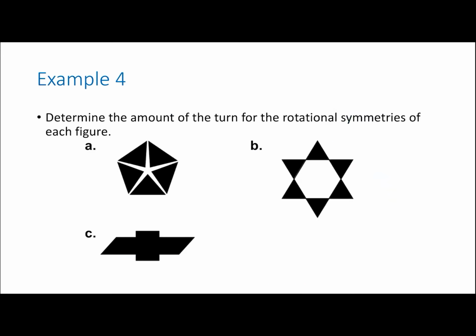So what we want to do is identify the rotational symmetry, but we also want to know the amount of rotation. Okay, so this is something that you really kind of have to think about. We've talked a lot about how a lot of this is to get you to think. Geometry is kind of designed that way.